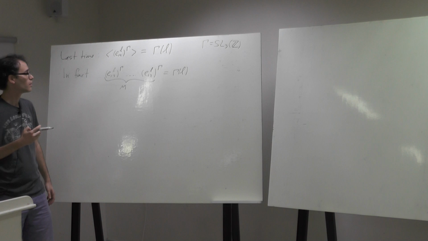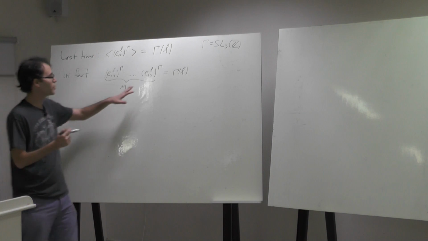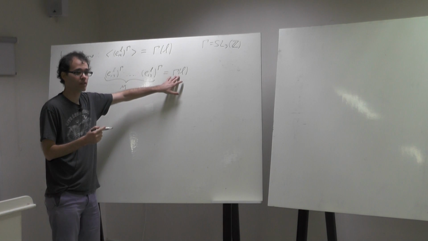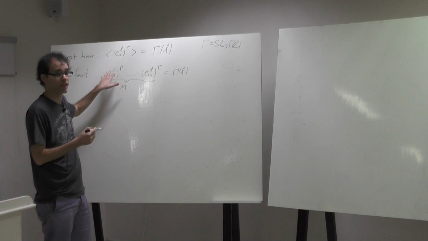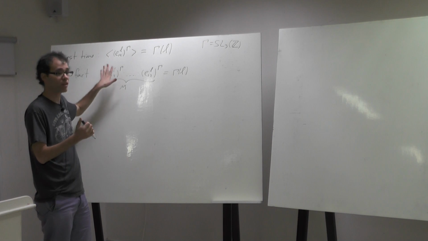But it's like specific gamma elements. Conjugation of each one by gamma. It's not the normal subgroup that you take there. No, the conjugacy class. I am taking the conjugacy class.